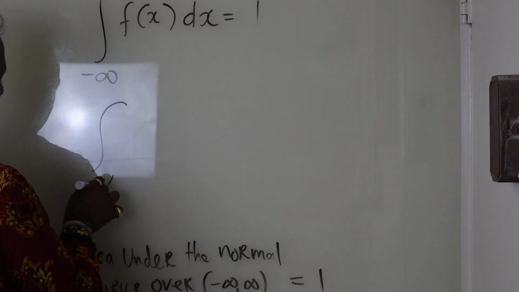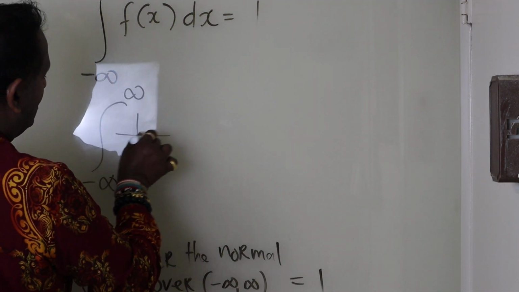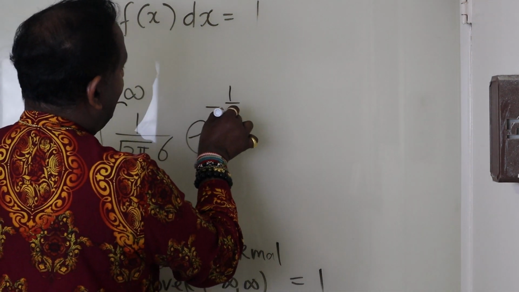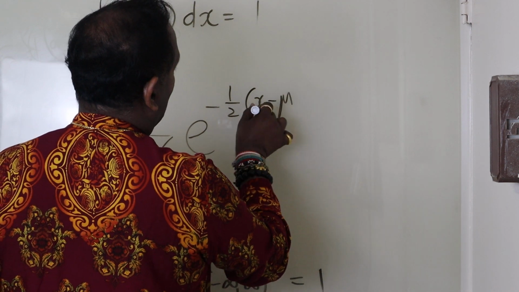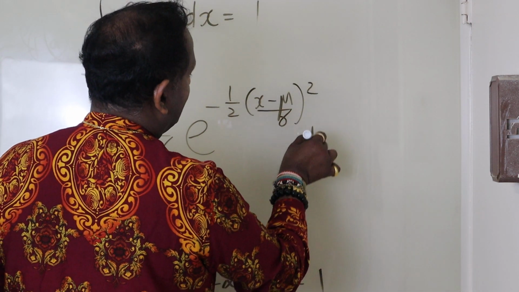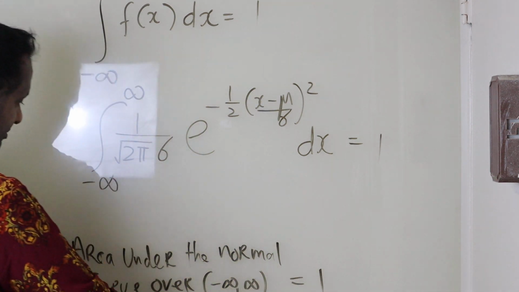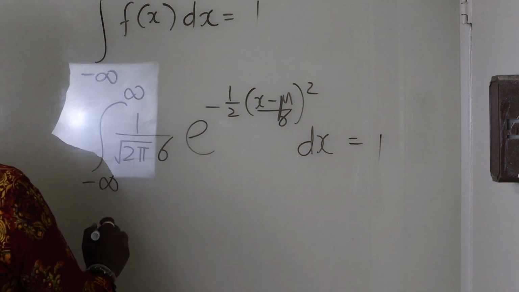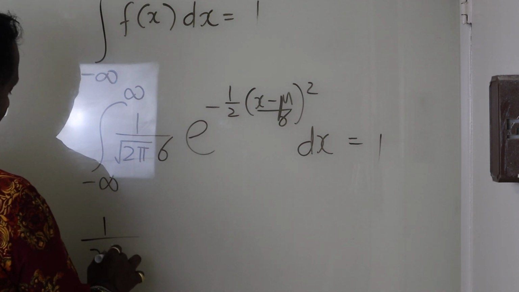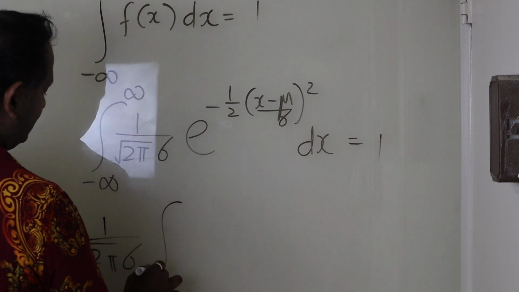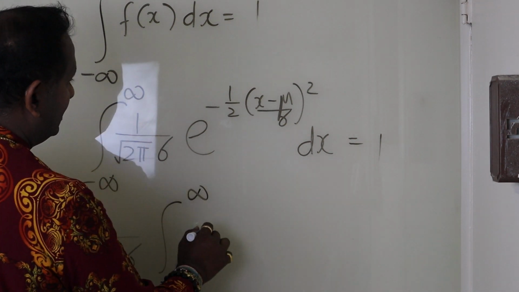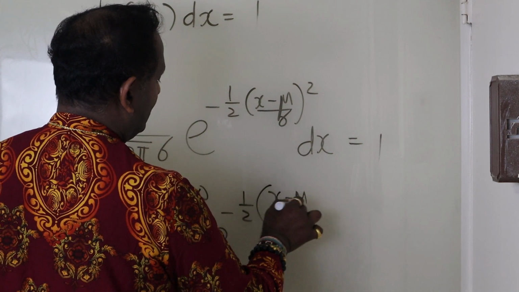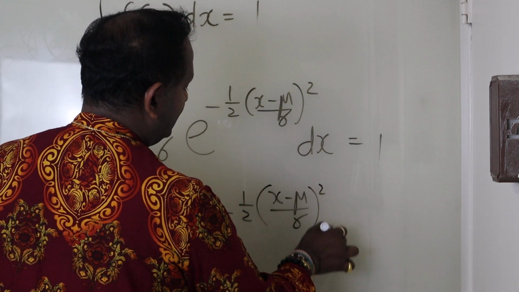Then minus infinity to plus infinity is nothing but 1 over square root 2 pi sigma e to the minus half x minus mu over sigma whole thing squared dx equals 1. Then we can pull out this constant 1 over square root 2 pi sigma, minus infinity to plus infinity e to the minus half x minus mu over sigma whole thing squared dx equals 1.